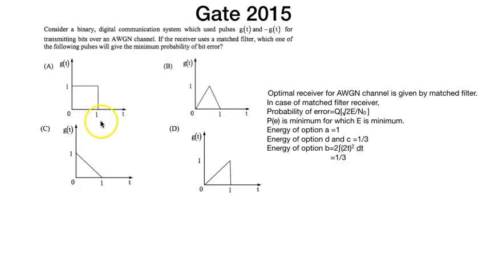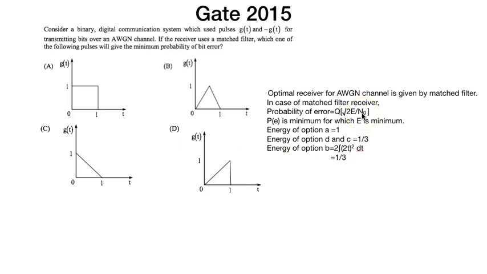One of the questions which appeared in GATE 2014: a binary digital communication system uses pulses g(t) and minus g(t) for transmitting bits over an AWGN channel. If the receiver uses a matched filter, which one of the following pulses will give minimum probability of error? We have known that the probability of error for a BPSK signal depends on 2E/N0.